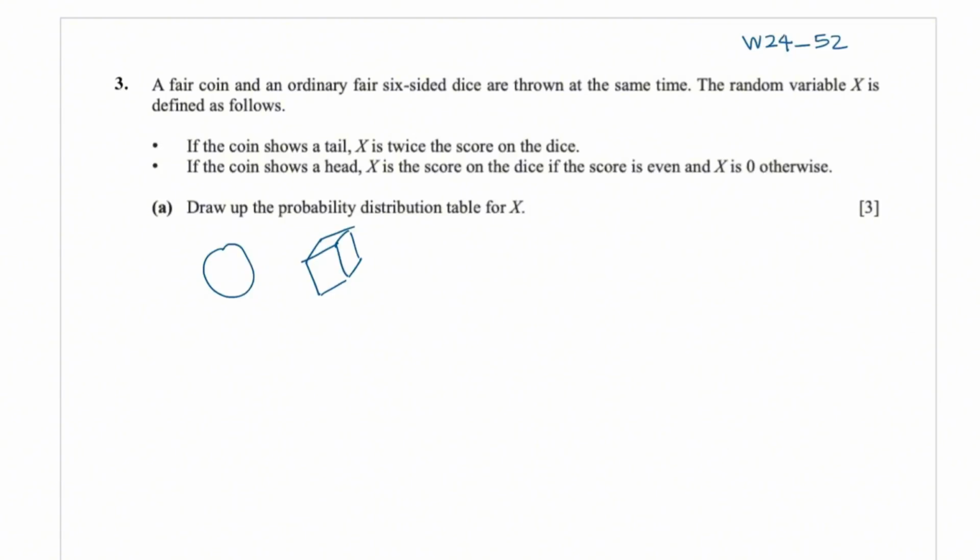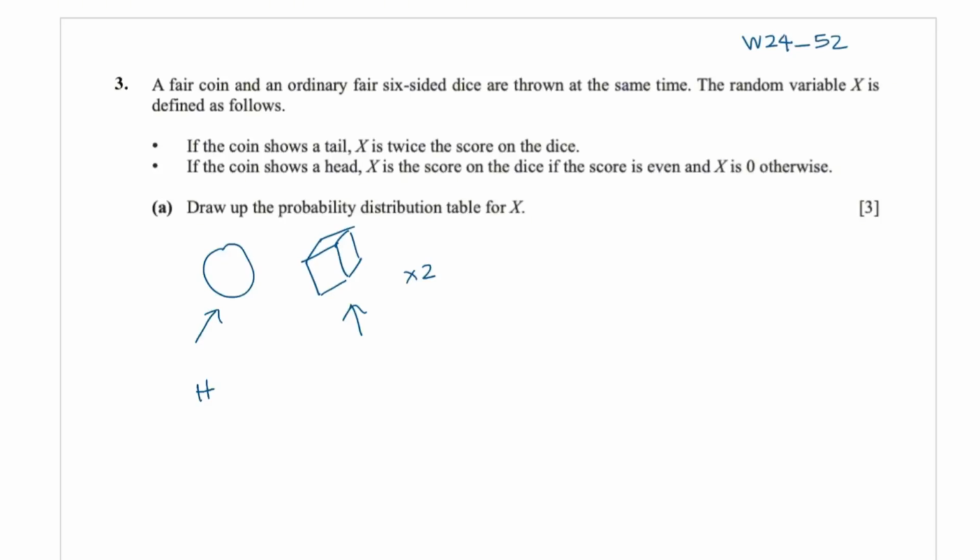Okay, so they will be tossing the coin first. If they get a tail, then whatever on the dice will be times by 2. If they get a head on the coin, then x would be the score on the dice if the score is even. Okay, but what happens if it's not even? Then it would be 0.